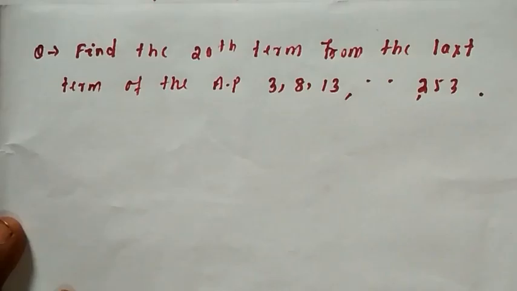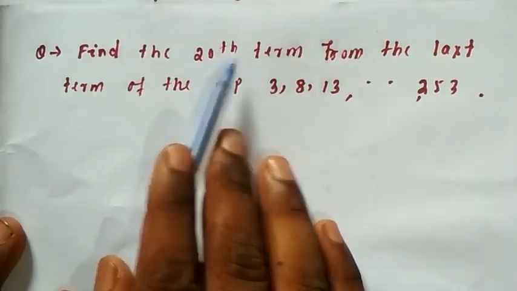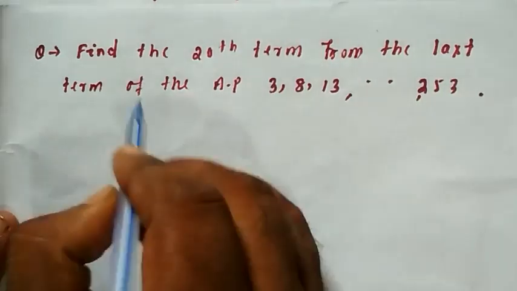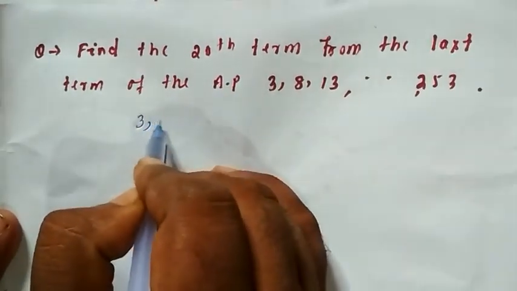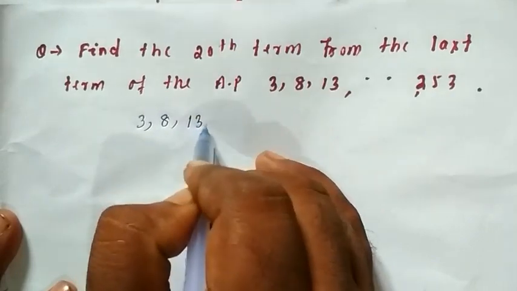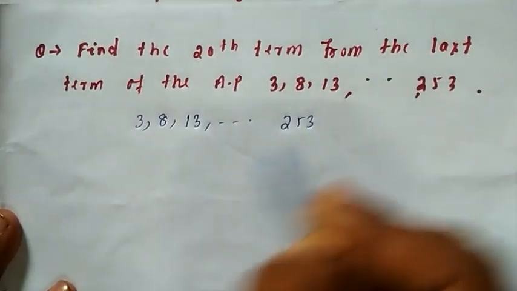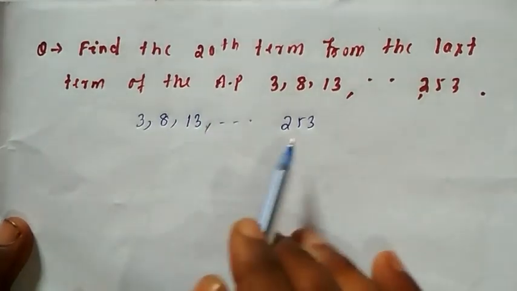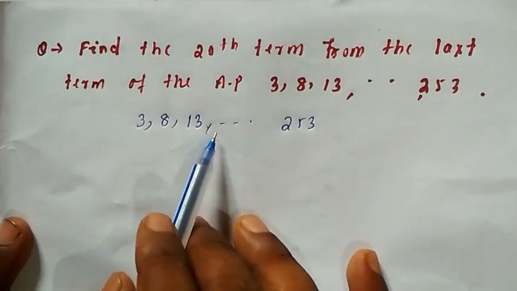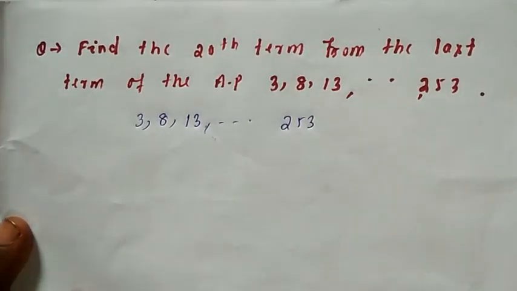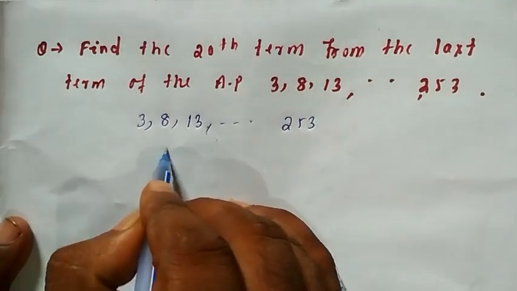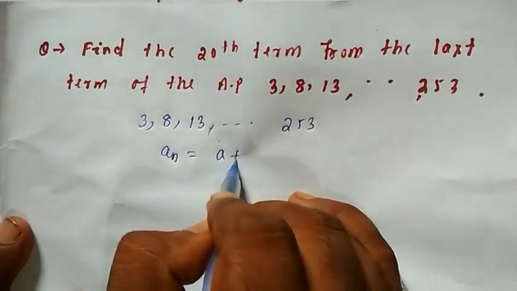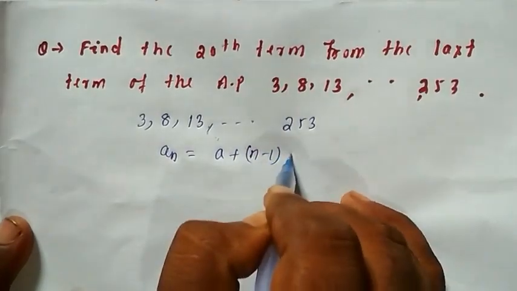Now students, another question: find the 20th term from the last term of an AP. The AP given here is 3, 8, 13 up to 253. Listen students, we have to find the 20th term from the last, not from the first. You know the formula for calculating the nth term of an AP: an is equal to a plus n minus 1 into d.